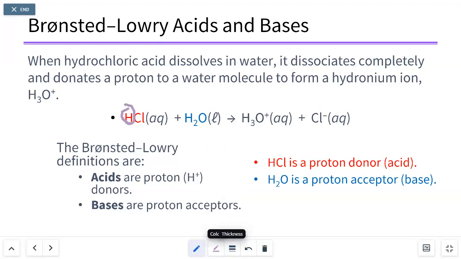It's going from the HCl to the water. As a result, the water has gained that H+, it's now hydronium ion, H3O+. And the hydrogen chloride has lost that proton, it's now just chloride. Since acids are proton donors, we can identify HCl as an acid because it gave away that H+ ion. We can identify the water as a base here because it took that H+ ion.